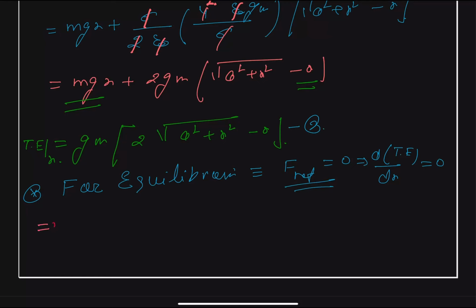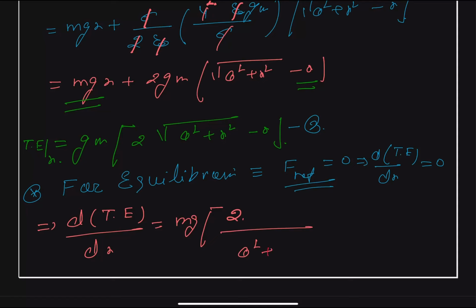Therefore, the derivative of this total energy with respect to x will be equal to mg times 2, and this will be a square plus x square raised to power 1 by 2, so that comes as a square plus x square to the power 1 by 2, and 2x will be giving us 2x, minus 1 equal to 0.